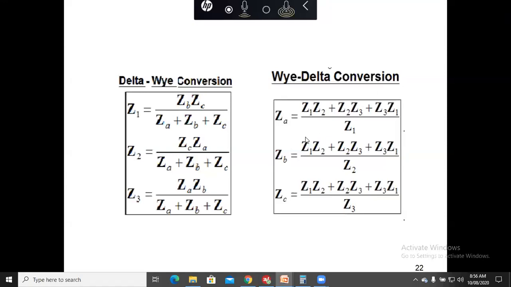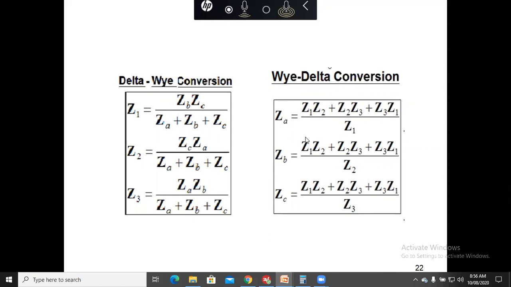So it is up to you how you name the impedances in the network, whether you name them Z1, Z2, Z3, or ZA, ZB, and ZC.